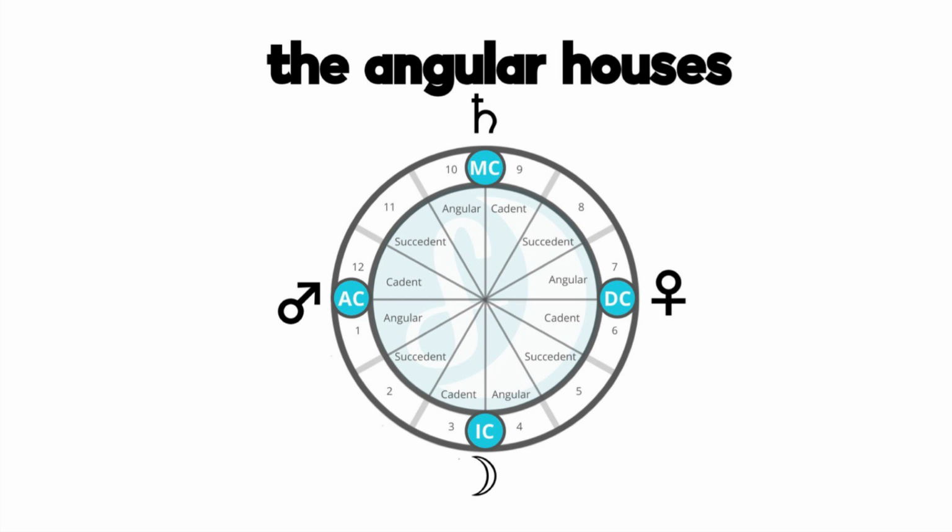Because these angular houses, the 1st, 4th, 7th, and 10th, are the most crucial. They're the directions. They are the directions. And they impact us in a very sensitive way, in very profound and big ways. The 1st being the self, the 7th being everything that is outside of the self.